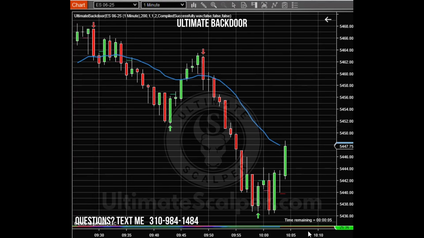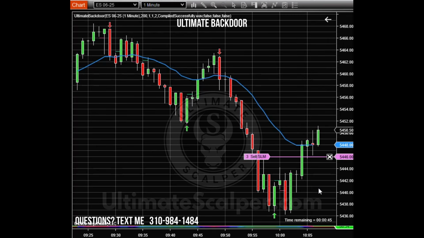Okay, we had a nice move up with no signal. Let's see if it decides to make a turn and continue with this downtrend. We do have a close above the blue line, so we may be reversing trend here to an uptrend, but I'll be ready to catch it if it falls.